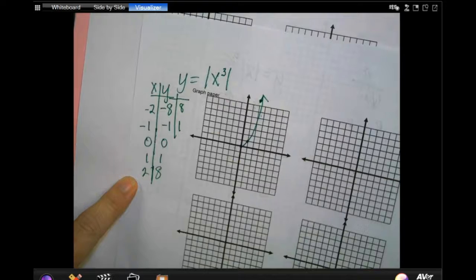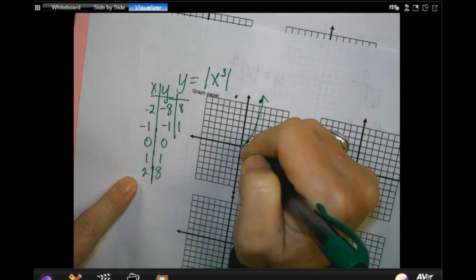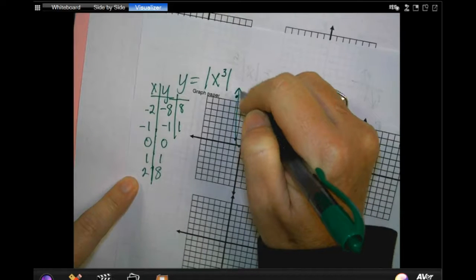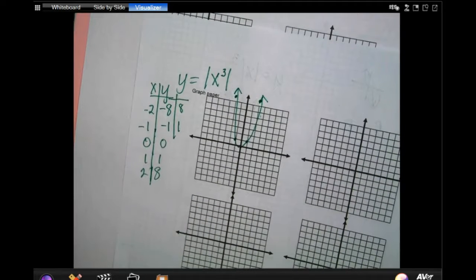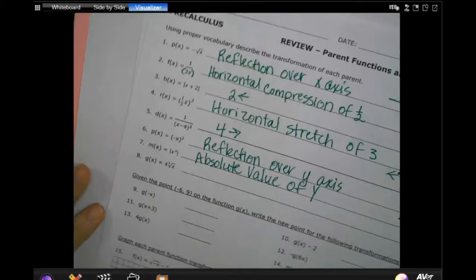Make them positive and plot it. So could you do that on a test tomorrow? Keep the positive y's, take the negative, and flip them.